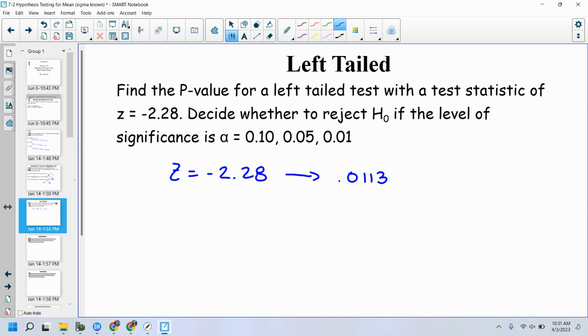0.0113. And that comes straight out of my z-score table. Negative 2.28 is 0.0113. Now what I'm going to do is compare.